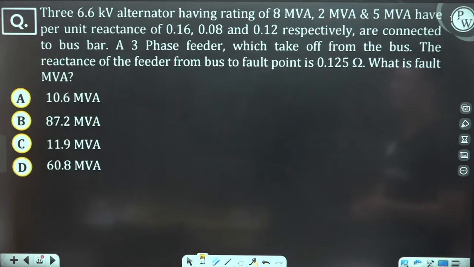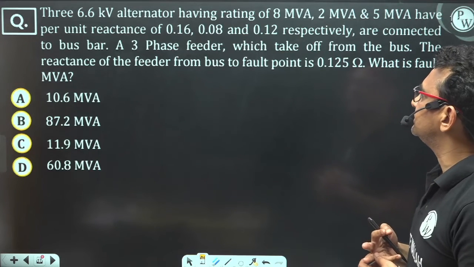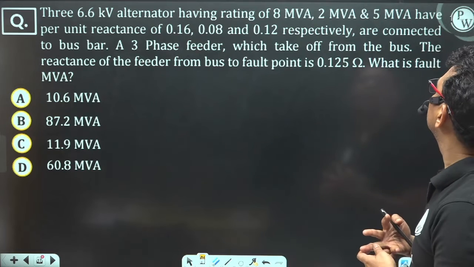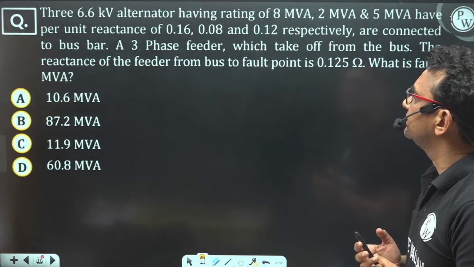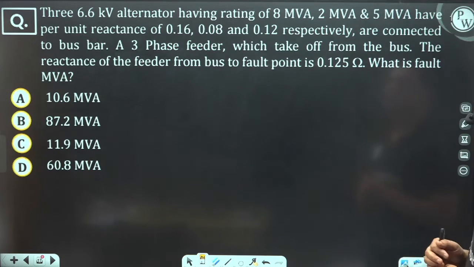A 6.6 kV alternator having the rating of 8 MVA, 2 MVA and 5 MVA, with PU reactance of 0.16, 0.08 and 0.12 respectively, are connected to a bus bar. A three-phase feeder takes off from the bus, and the reactance of the feeder from the bus to the fault point is 0.125 ohm. What is the fault MVA?